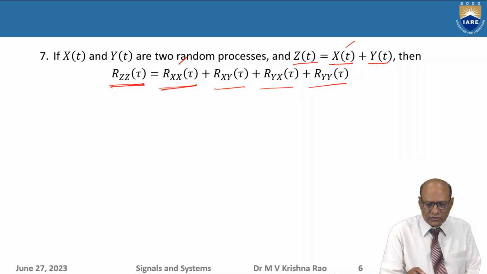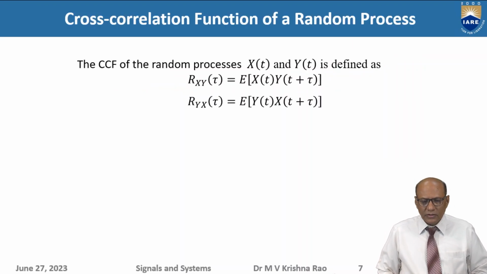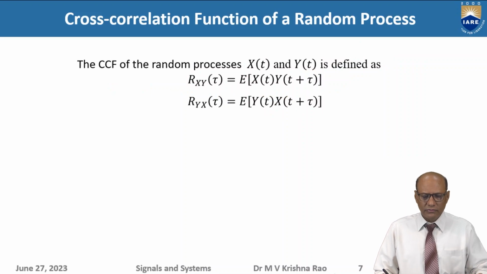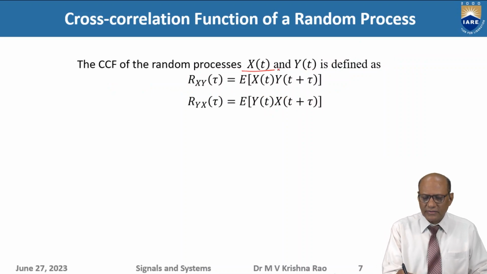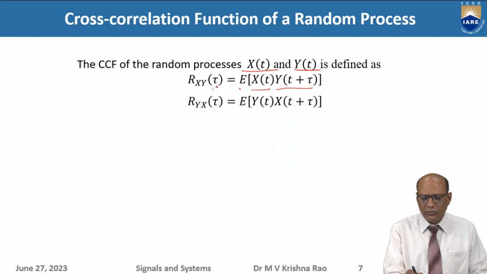So we have seen 7 properties of these processes. Then the cross correlation of x of t, y of t is the expectation of x of t multiplied by y of t plus tau. So for every tau you have to do that. Then similarly Ryx.